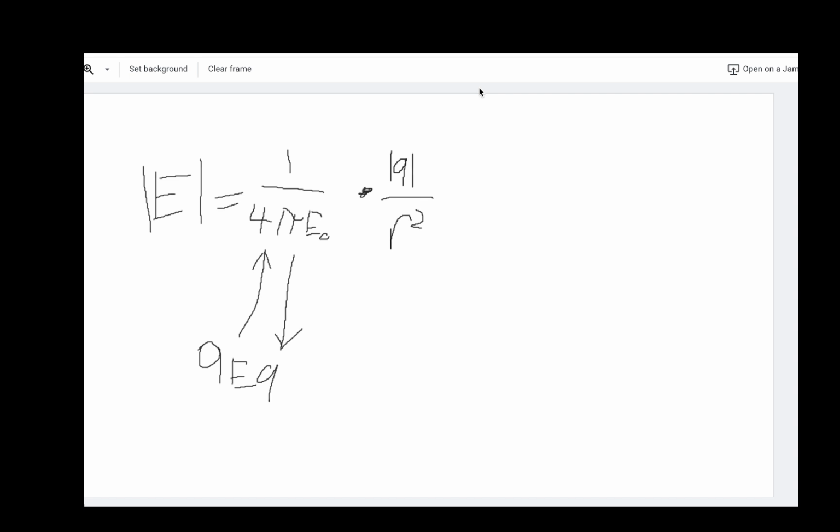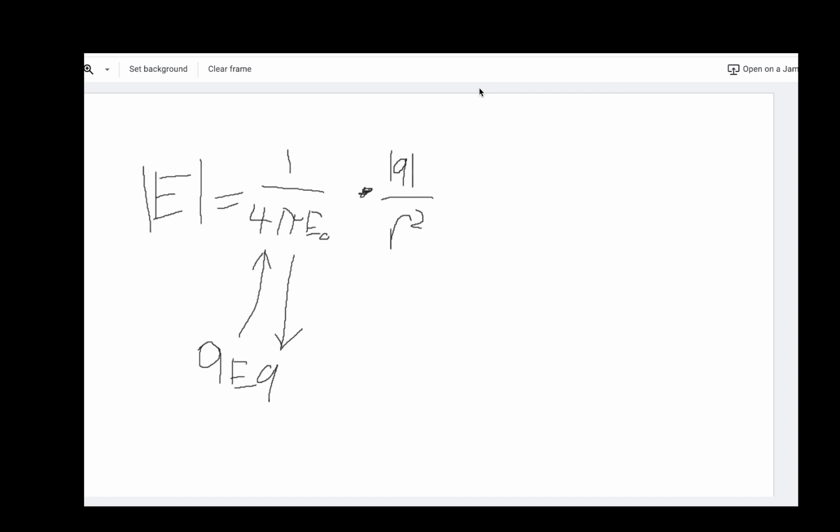The strength of the field will decrease as the distance from the charge increases, and it will increase as the strength of the charge increases. So that's about it for the functionality of this equation.